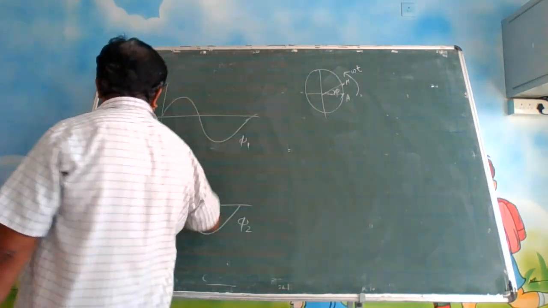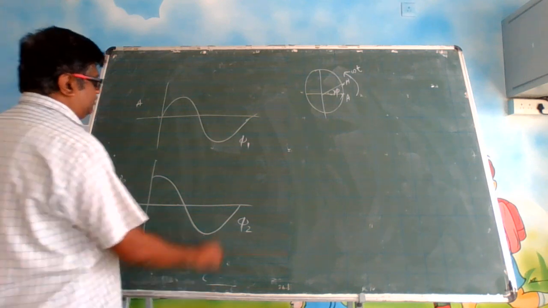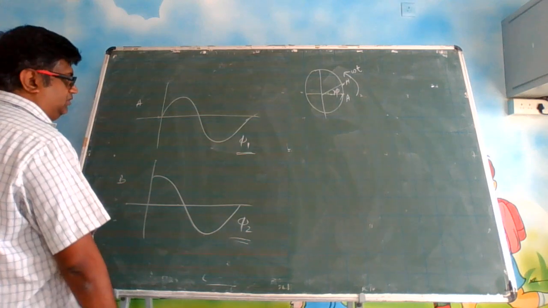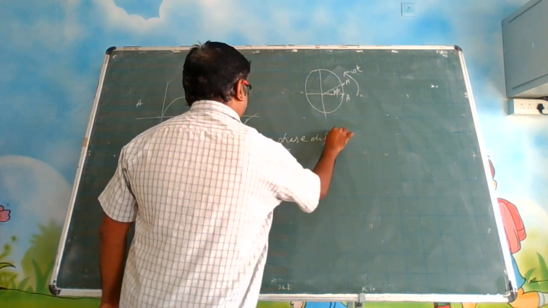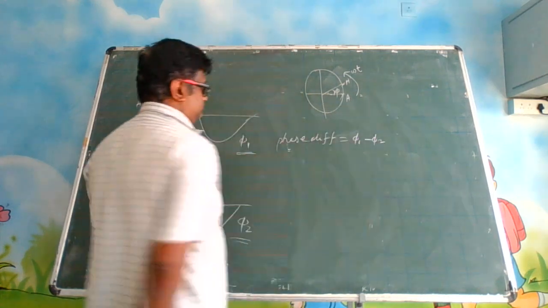Now, when we are comparing two motions, this has got some phase phi1 and this has phase phi2. So the phase difference will be equal to phi1 minus phi2.